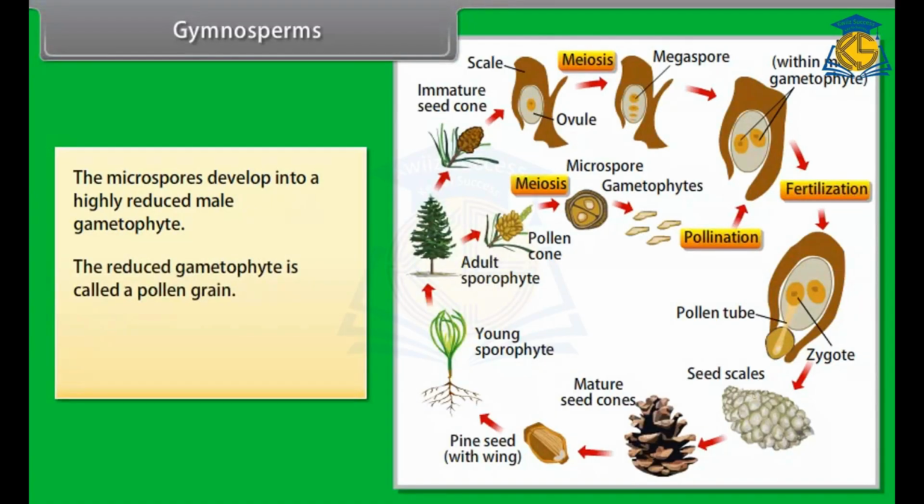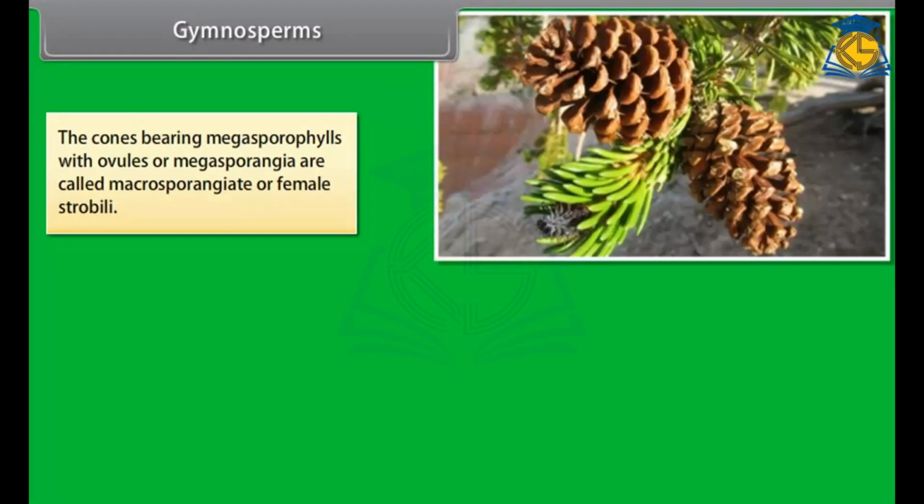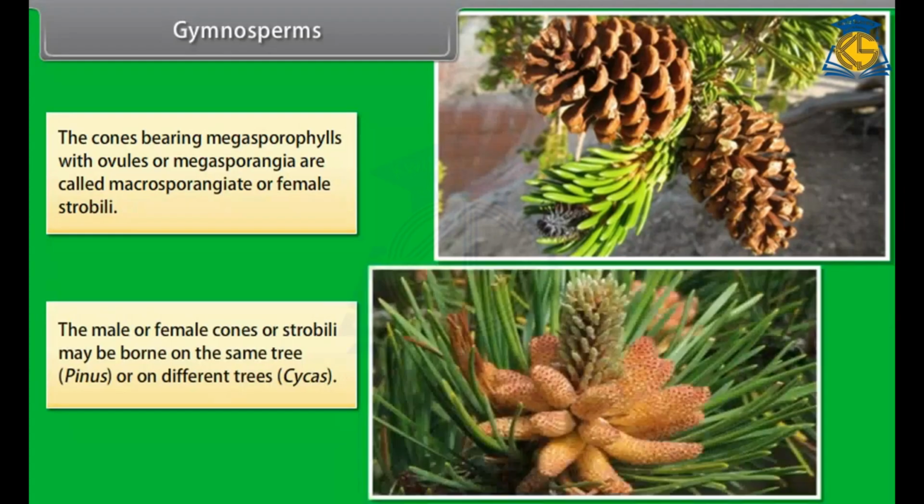The reduced gametophyte is called a pollen grain. Pollen grains are developed within the microsporangia. The cones bearing megasporophylls with ovules or megasporangia are called macrosporangiate or female strobili. The male or female cones or strobili may be borne on the same tree, as in Pinus, or on different trees, as in Cycas.